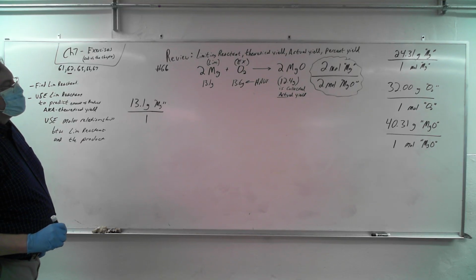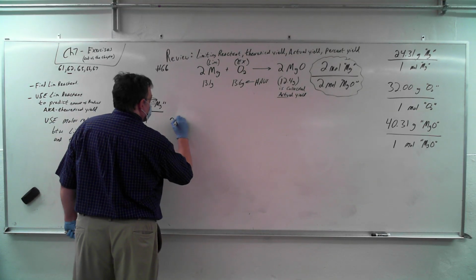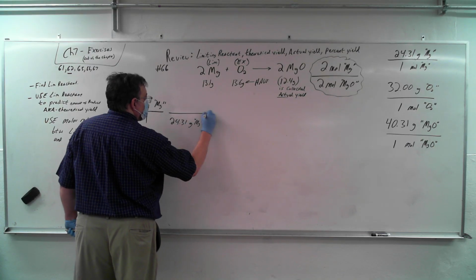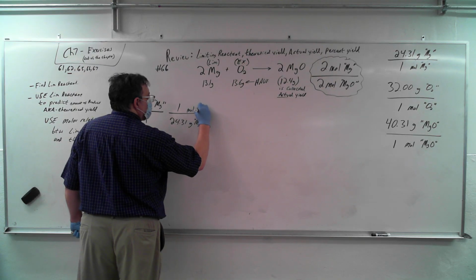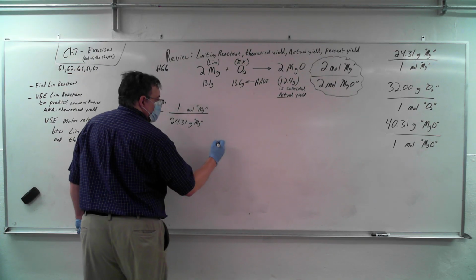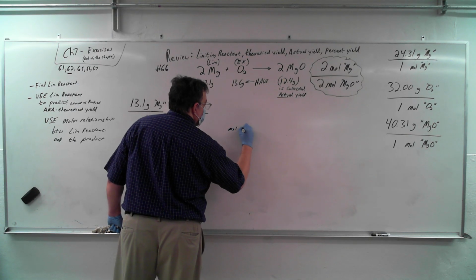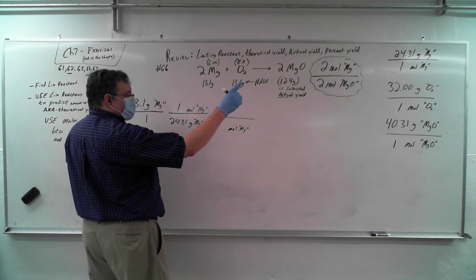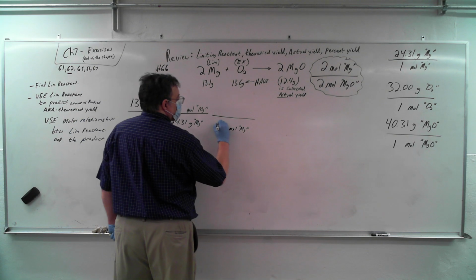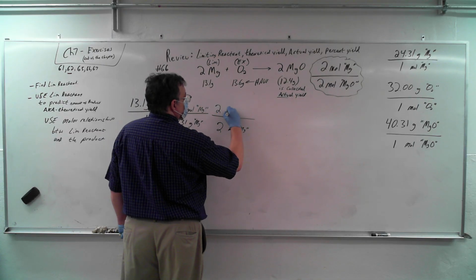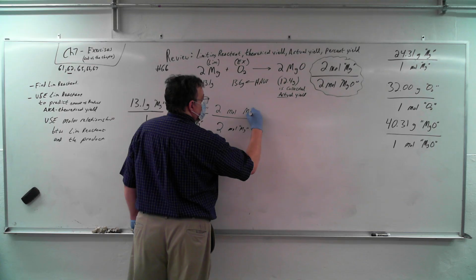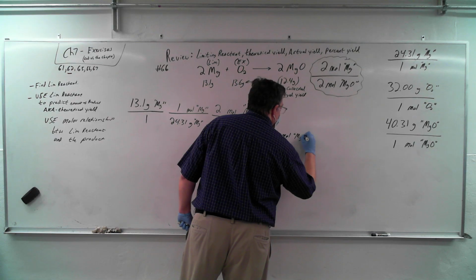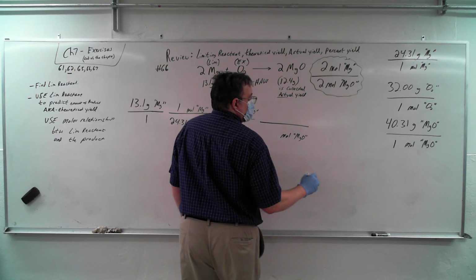The grams per mole for Mg is 24.31. We're going to need moles of Mg down here. This is that molar ratio: 2 moles of Mg, 2 moles MgO. That puts moles of MgO down here.